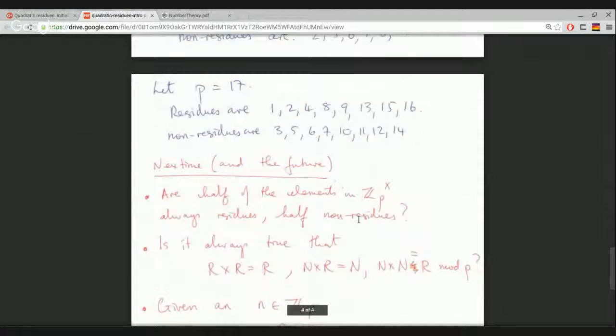What we found in each of those cases, by straightforward experimentation, like for modulo 17, was that we looked at all 16 congruence classes, 1 through 16, and squared them all. These numbers here occurred as quadratic residues. These are the squares, and that left behind these numbers as not being squares. So the numbers on the bottom row do not have square roots modulo 17, so they're quadratic non-residues. And the ones in the top did.